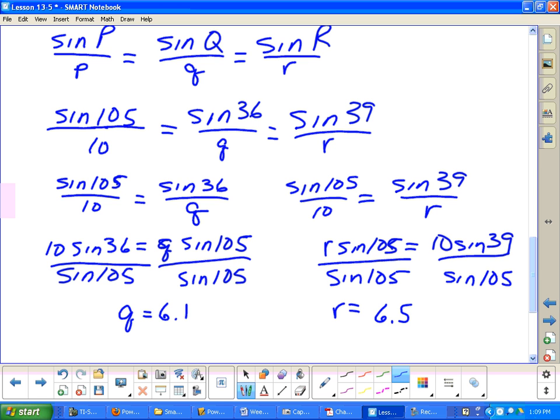And here we get 6.1 and 6.5, and those should be close together, considering they're only 3 degrees difference. Make sure you got those numbers.